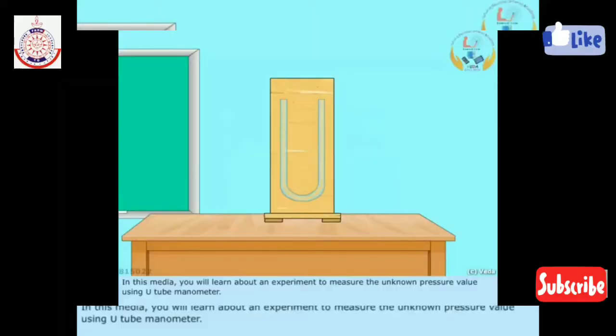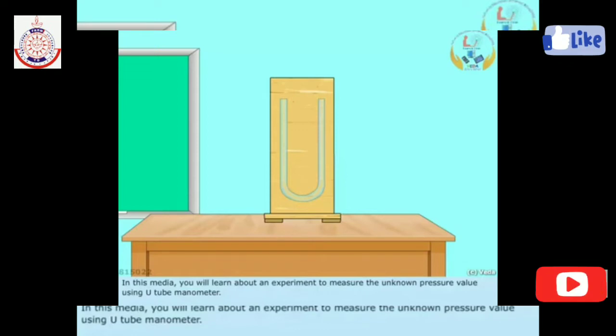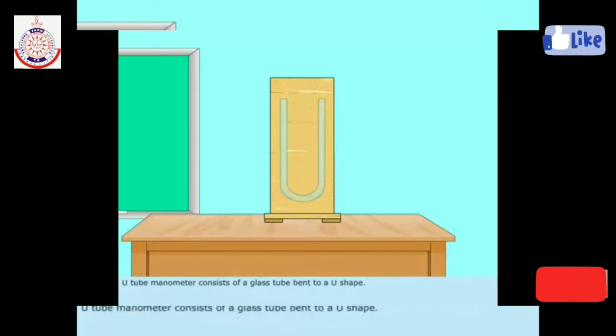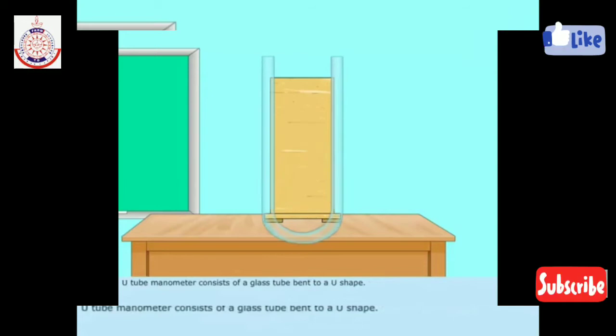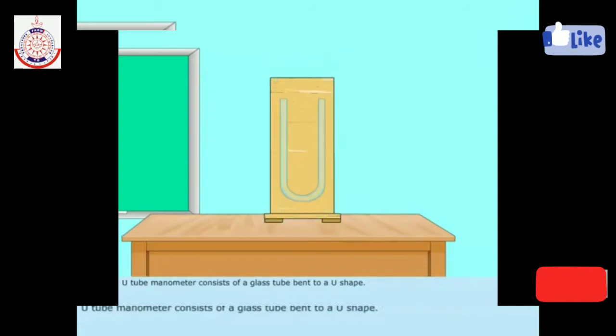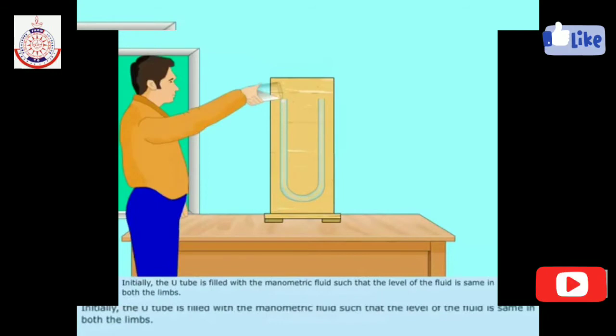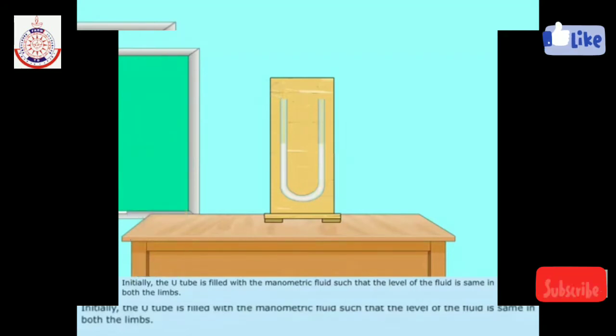About an experiment to measure an unknown pressure value using a U-tube manometer. The U-tube manometer consists of a glass tube bent to a U shape. Initially, the U-tube is filled with a manometric fluid such that the level of the fluid is the same in both the limbs.